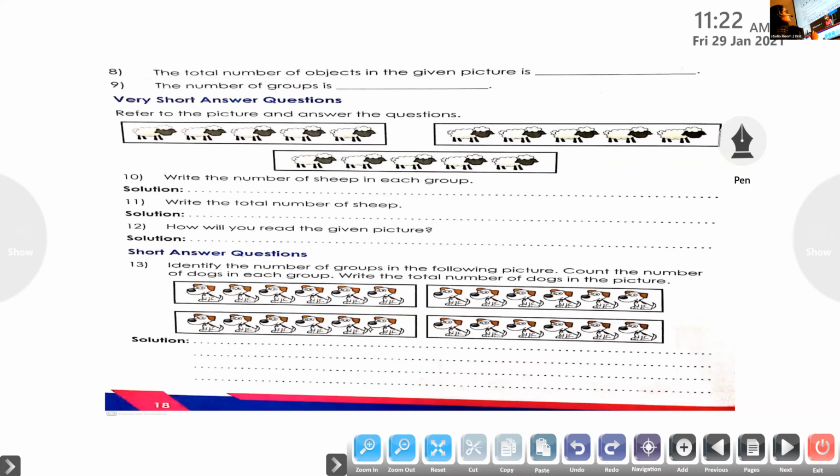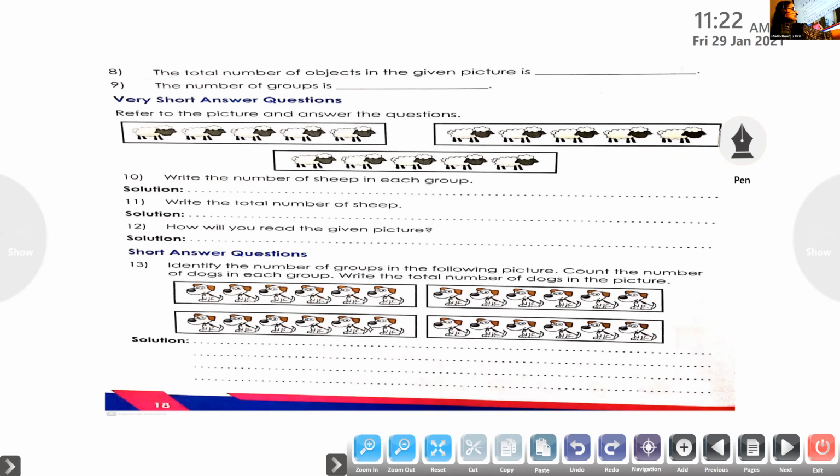Srived. Yes, ma'am. The total number of objects in the given picture is 18. In the previous page, 8 plus 8, no? Where are the apples?